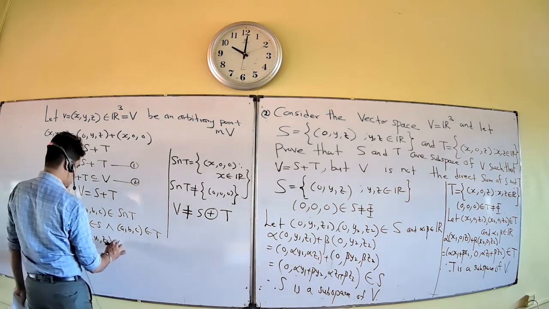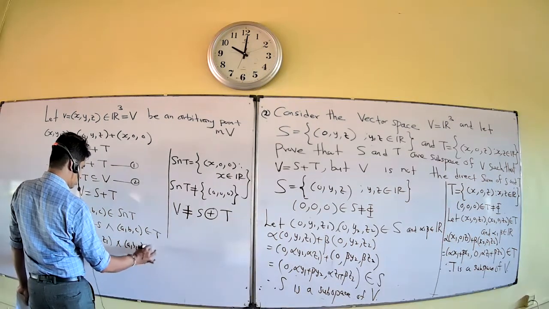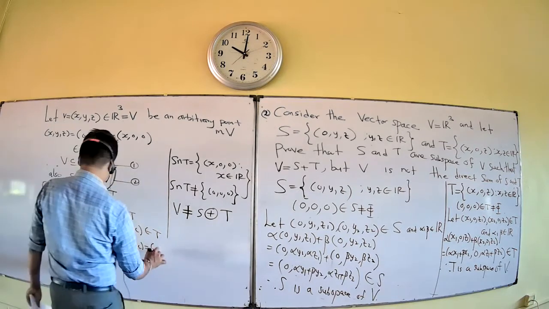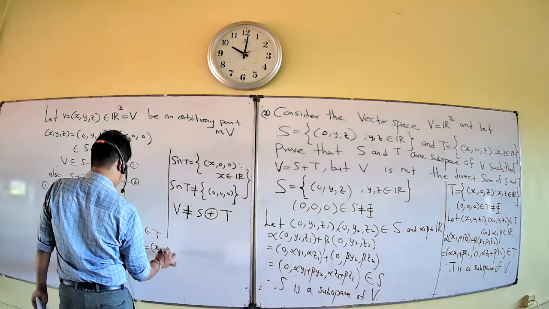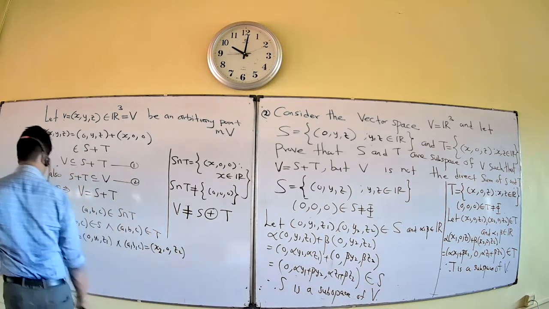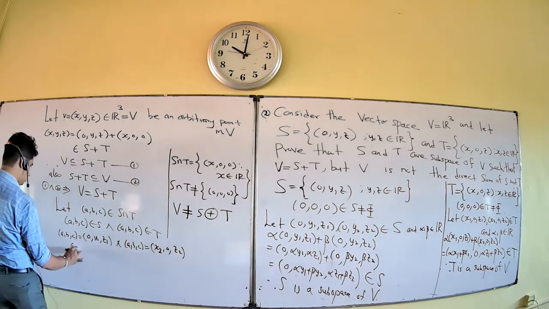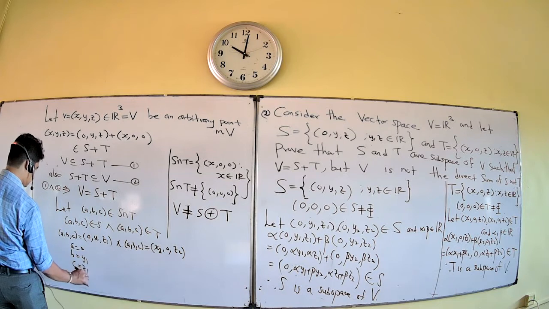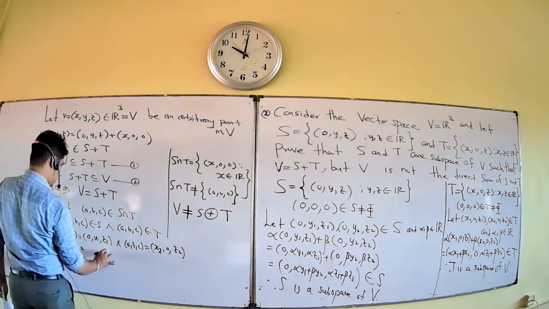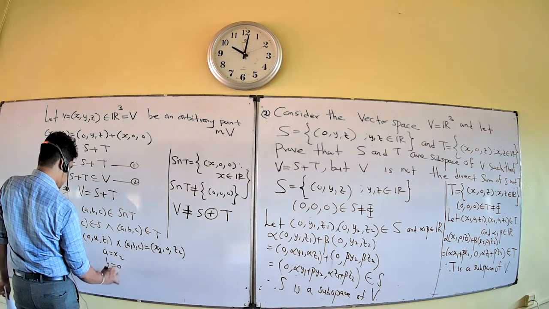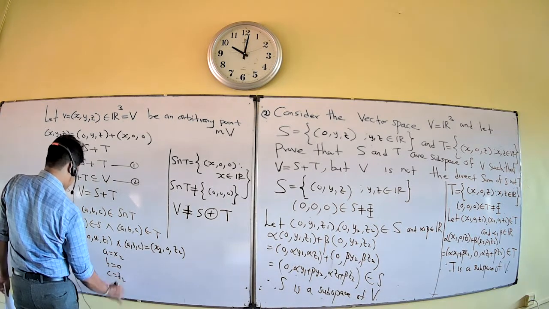Here (a, b, c) of the form (x, 0, z), therefore it is (x2, 0, z2). From the first, a is 0, b is y1, c is z1. From the second, a is x2, b is 0, c is z2.